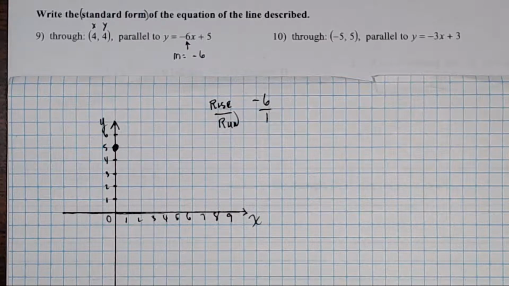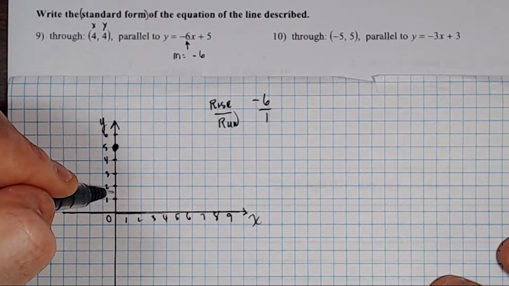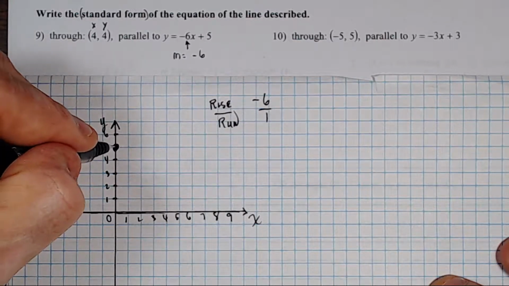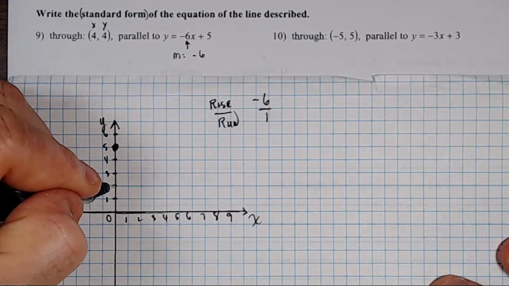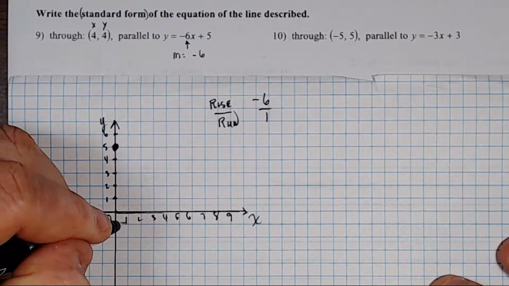And I'm going to plot by going down 6 over 1. So starting from 5: down 1, down 2, down 3, down 4, down 5, down 6 over 1.